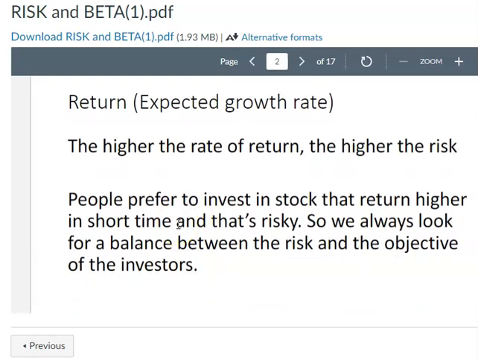What is return? Return is the expected growth rate, and the higher the rate of return, the higher the risk. So people prefer to invest in a stock that returns higher in a short time, and that is risky. So we always look for a balance between the risk and the objective of the investor.